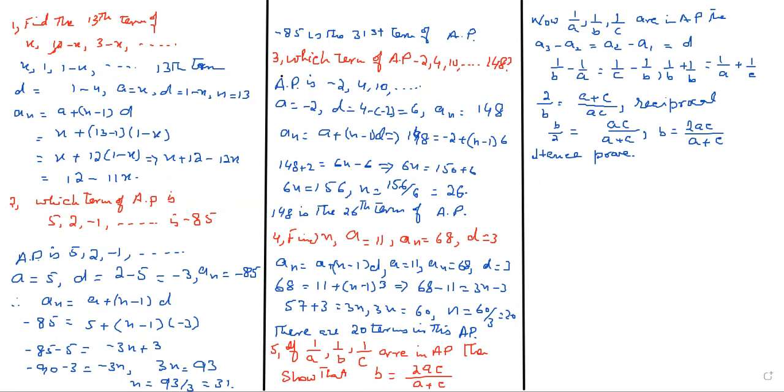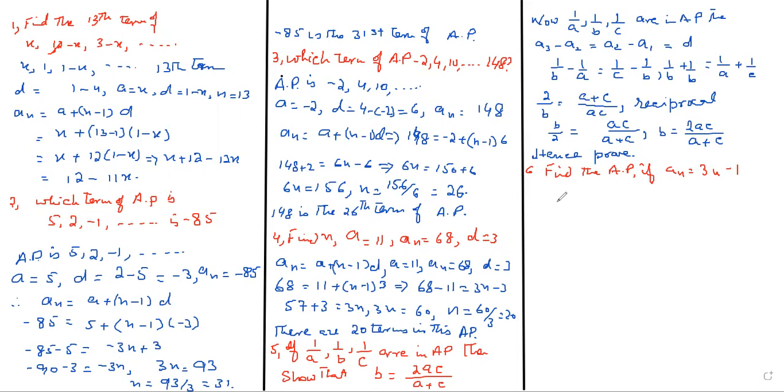Now the next question, question number 6 is find the AP if an equals to 3n minus 1. Very easy question. And this question is asked in the previous boards for more than 6 times.